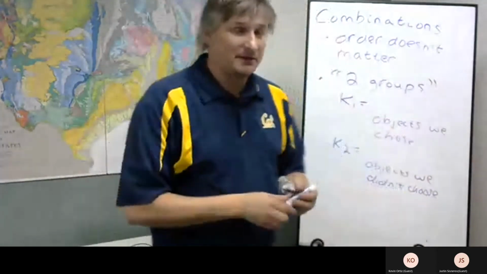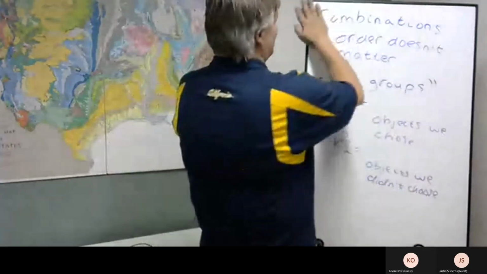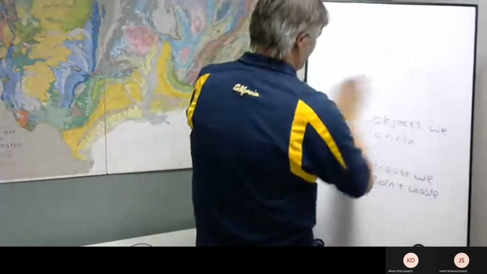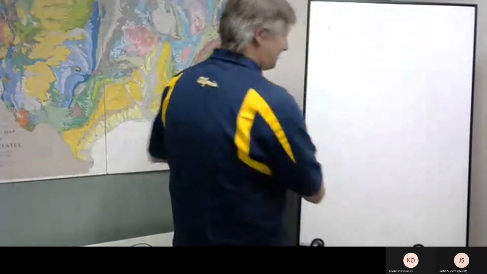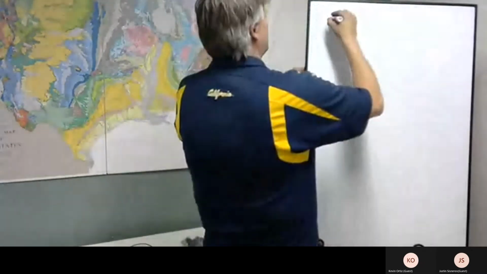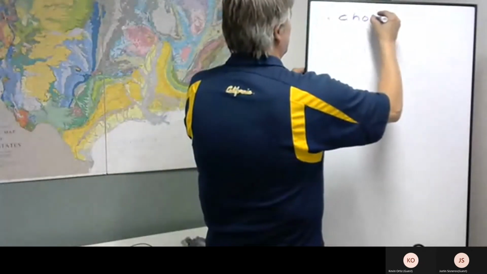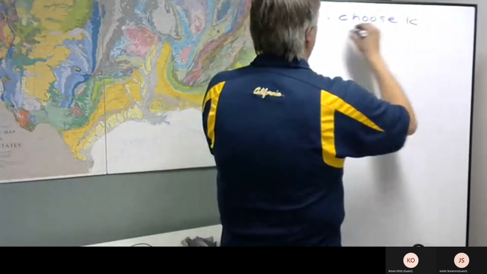So the formula we're going to get is this. Let's say we're going to choose K objects.